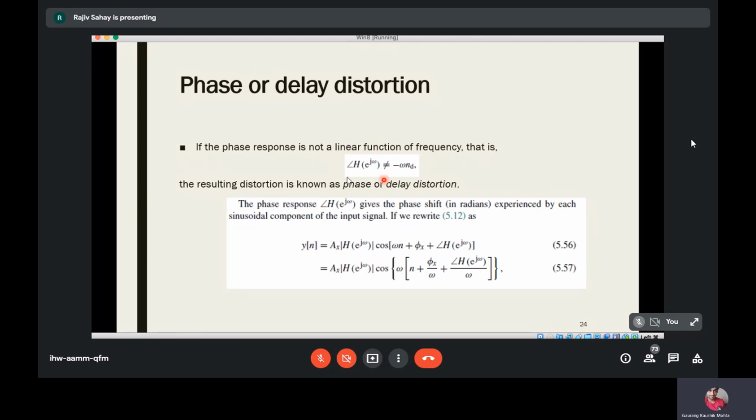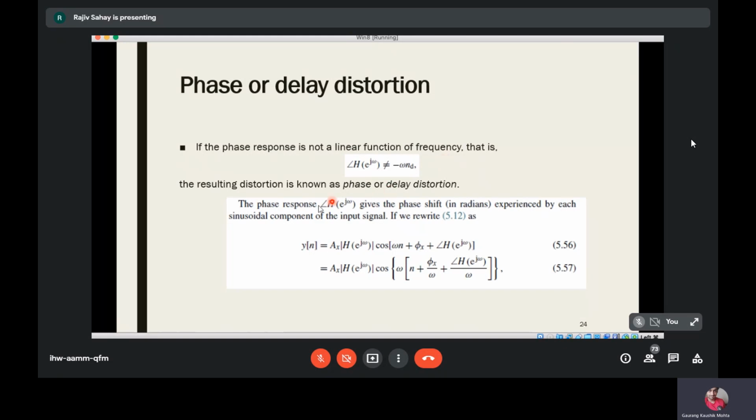So if the phase function is a linear function of frequency, that is, if the phase response is plotted as a line passing through the origin with a slope of minus ND, okay, then you have a phase response which corresponds to a distortion free system. But if that phase response is not a line passing through origin with a slope of minus ND, then it introduces phase distortion or delay distortion.